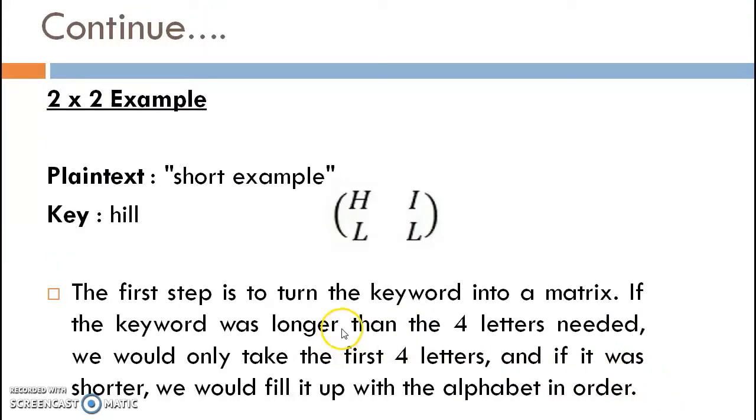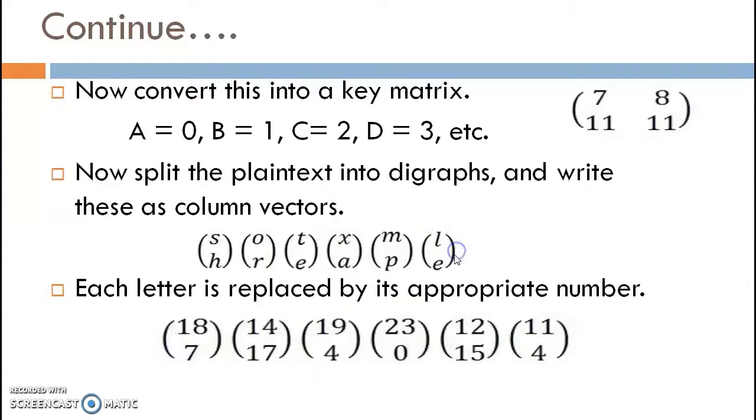Say here the example is a 2x2 matrix example. The plain text is short example and the key equals Hill. We convert the key to the key matrix this way, HILL. It is converted to 7, 8, 11, 11 as per our rules, where A equals 0, B equals 1 and so on.